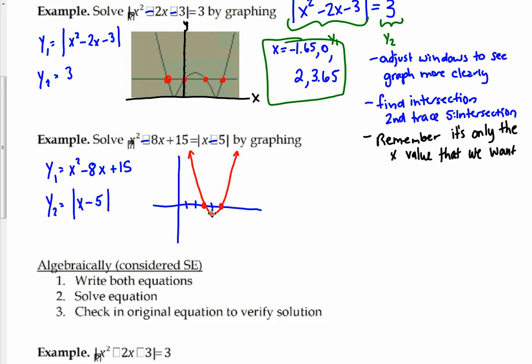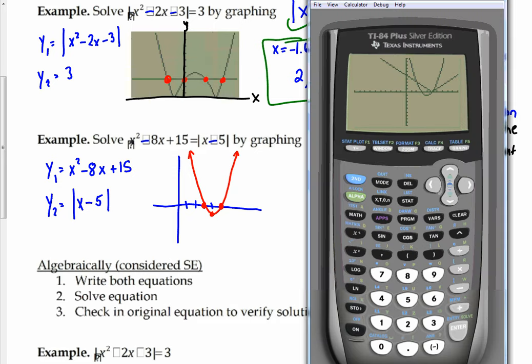And then the absolute value of x minus 5. Well, we know 5 is the intercept. And it looks like it's hitting the x-axis at 5. If we change our windows, I'm just going to change this to 0 and the y min to negative 2.